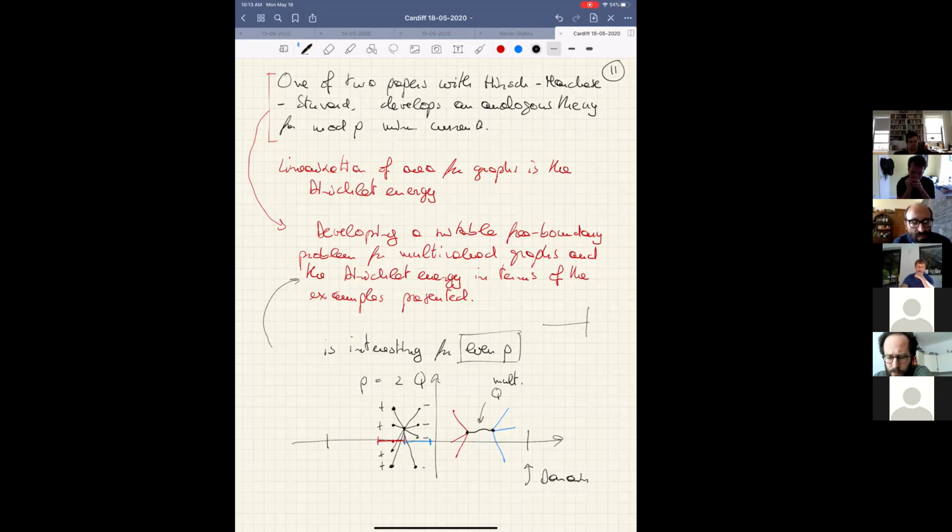I'm not prescribing anything in advance on this boundary, but the regularity theory will tell you that this boundary is going to have codimension 1. In fact, one of the things you want to do is to prove that it's a nice interface. Mm-hmm. Okay.